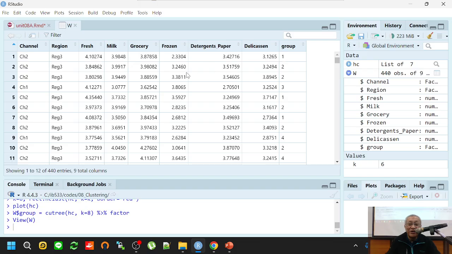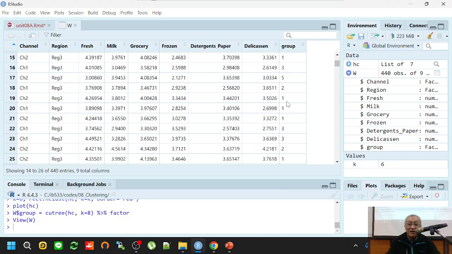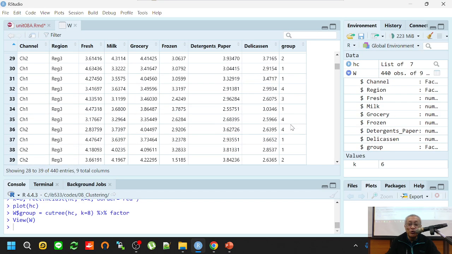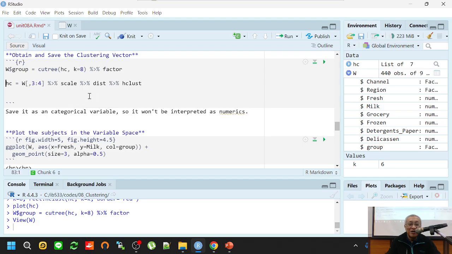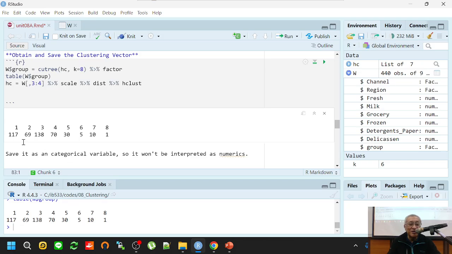So now every retailer will be divided into a group, and will belong to a single group, right? And if we want to see the size of each group, we simply do a table, right? See, this is the first group, which has 117 retailers, the second group 69, right, and so on.